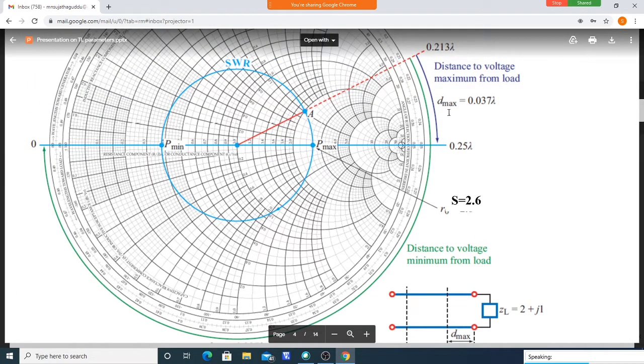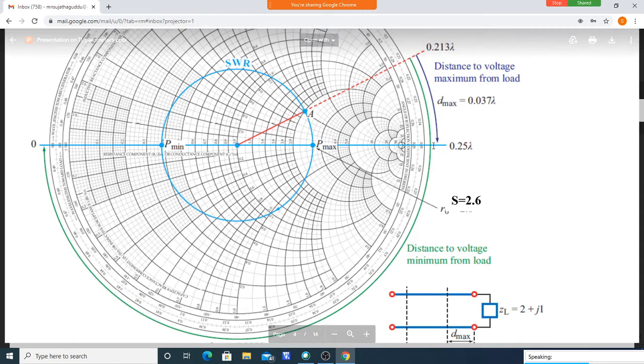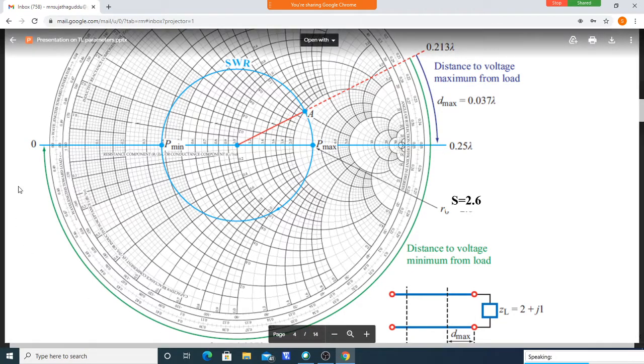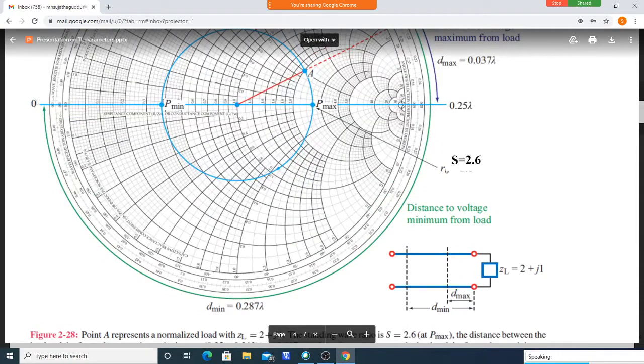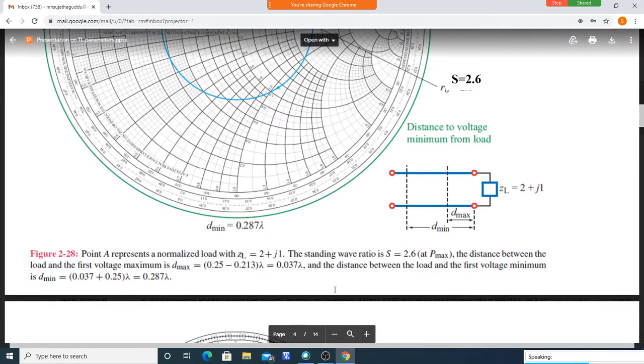Otherwise what we can do: from here to here is 0.25, moving half of the circle. To that you add the maxima distance, and you will get this minima distance. So like this, 0.287 lambda is d minimum.